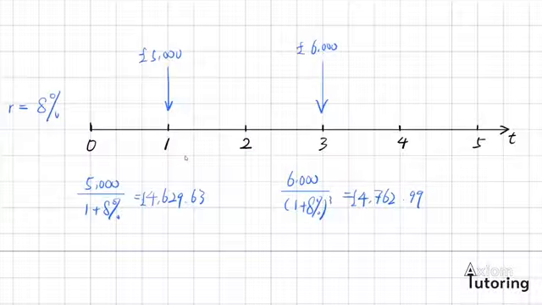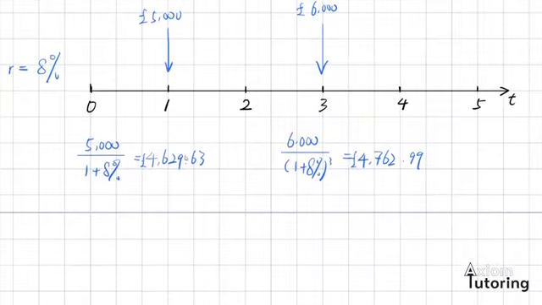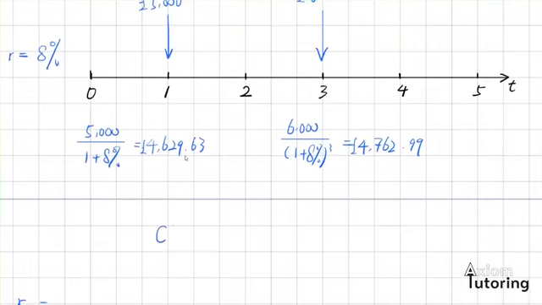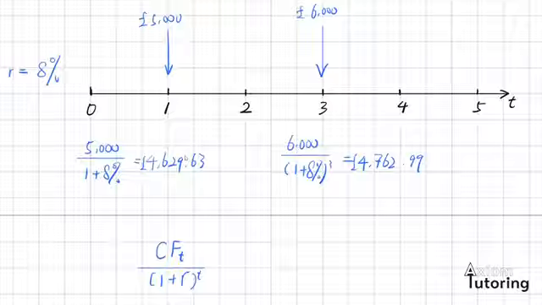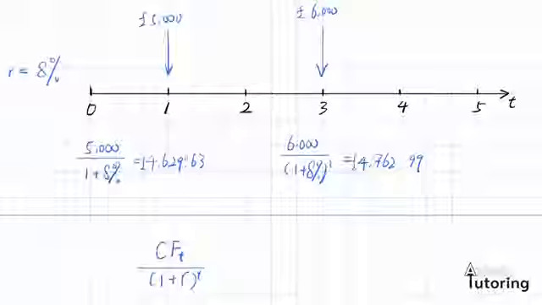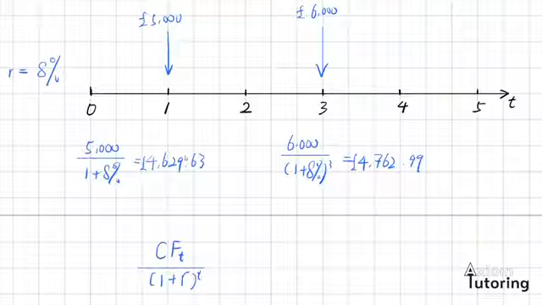So we have the present value of any future income. We can generalize this: any cash flow in the future, at time t, is worth the cash flow divided by 1 plus some appropriate discount rate to the power of t. Which appropriate discount rate we use will be given, and in the future we'll be able to determine what discount rate to use. But for now, most likely you'll be given an appropriate discount rate.